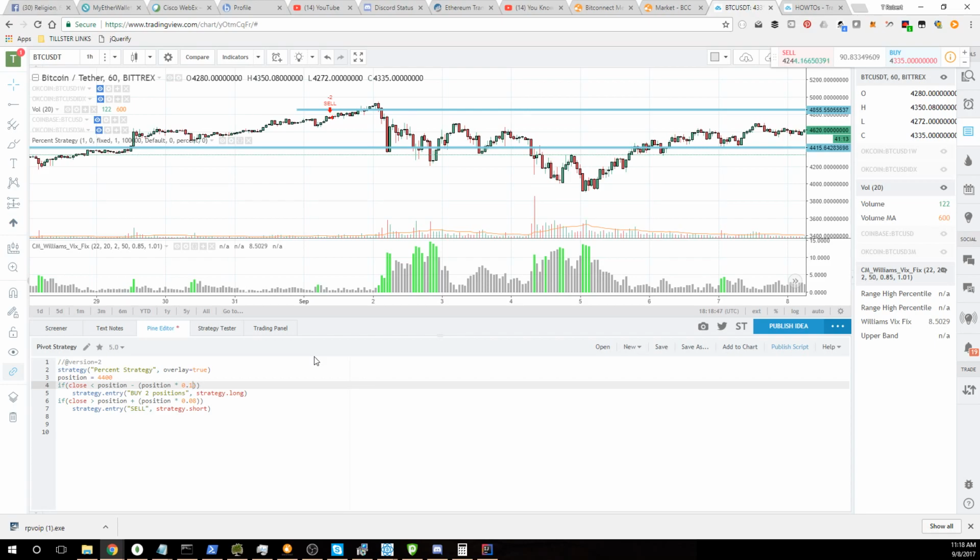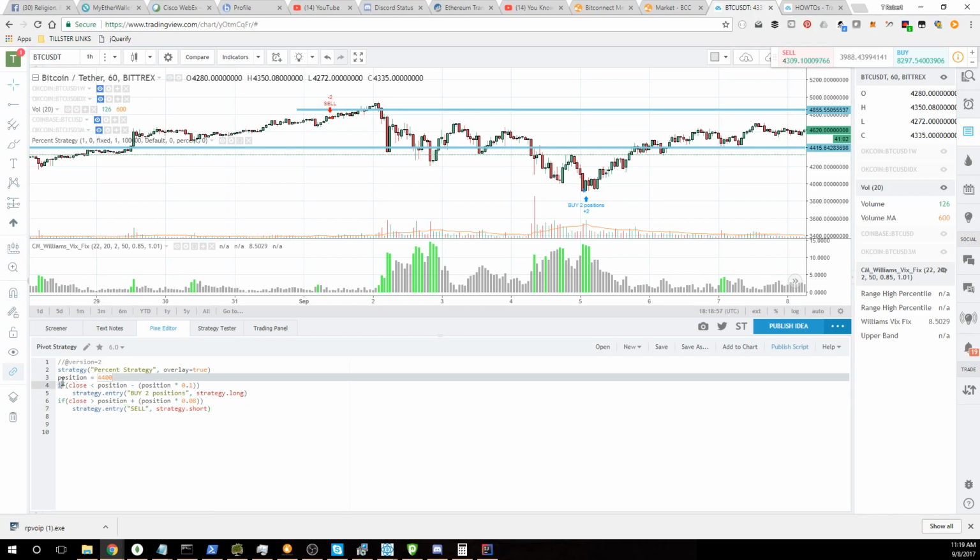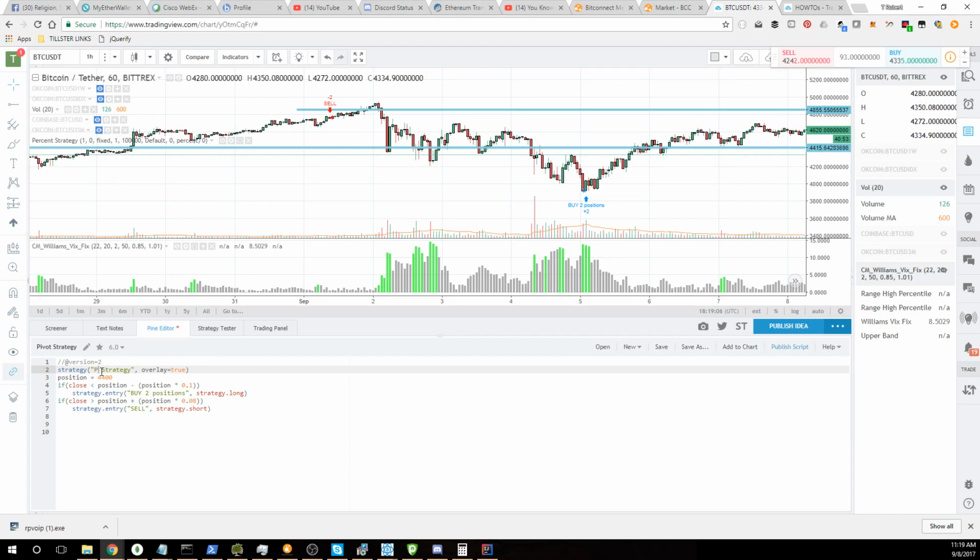So what we're seeing here is this progression where we can automate our strategy and then tell the computer to go ahead and test our strategy in the past. Now, as I'm saying, this value right here, well, it's not very dynamic, right? It's not really a good way of following the market.